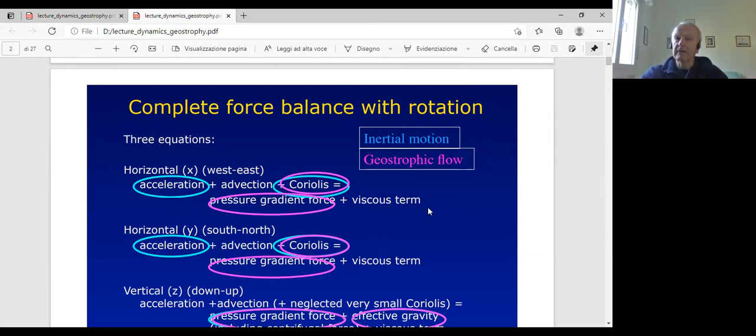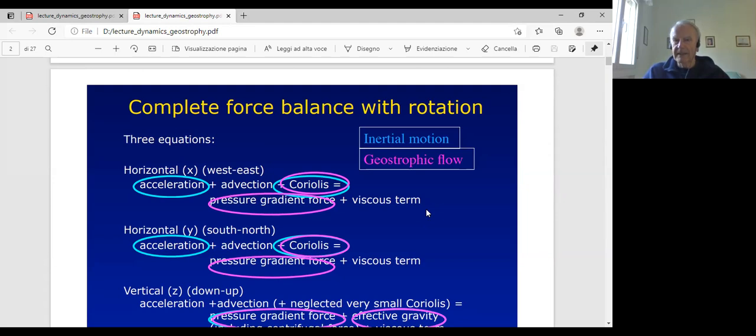And now, if we are talking about the geostrophic flow, in that case, we should do the other approximation. The other approximation means that we will be neglecting the acceleration. We will be neglecting the advection term.